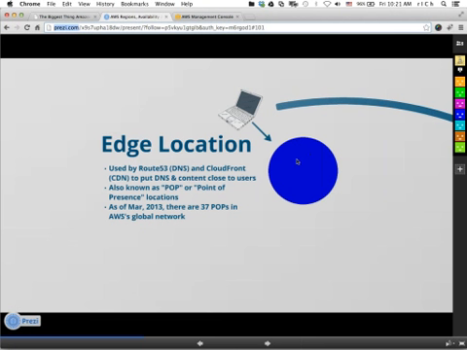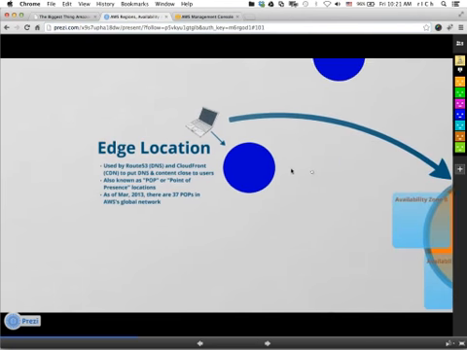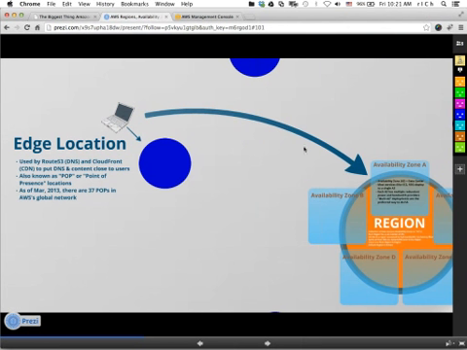A really huge benefit of the edge locations is not only DNS, which is usually pretty fast itself, but the content distribution network, which in Amazon's case is called CloudFront. And CloudFront is a pull mechanism CDN. So when a user first asks for a piece of content, if I, the customer, the Amazon customer, have set up a CloudFront distribution and pointed it maybe to an S3 bucket, when this user goes to grab content, that'll first hit this edge location.